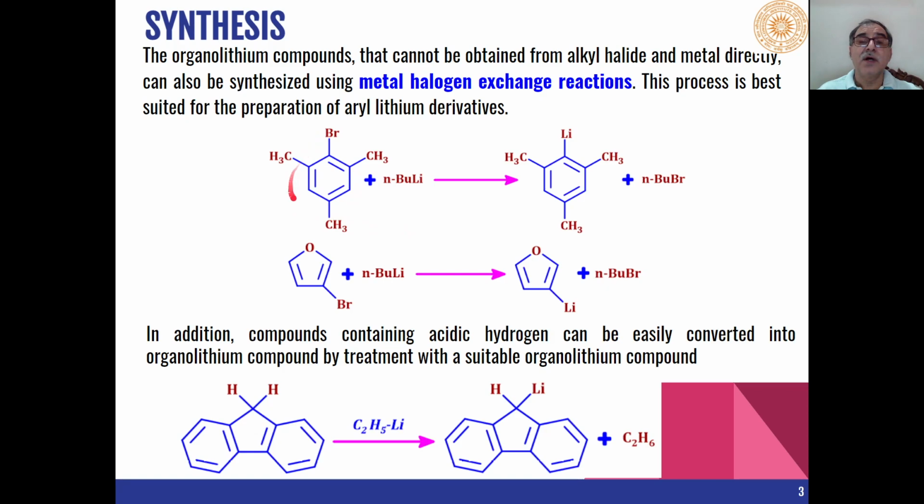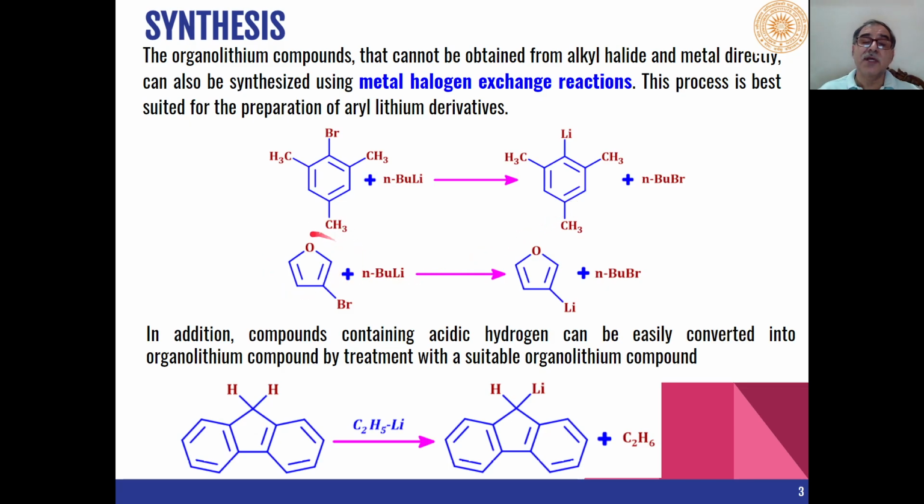For example, in this aromatic system, 2,4,6-trimethyl bromobenzene, when this is reacted with n-butyl lithium, these two will undergo a metal-halogen exchange reaction. So lithium will be exchanged with this bromide, and butyl bromide will be formed, and this organic compound will incorporate lithium in it, and we will get the aromatic lithium compound as the product.